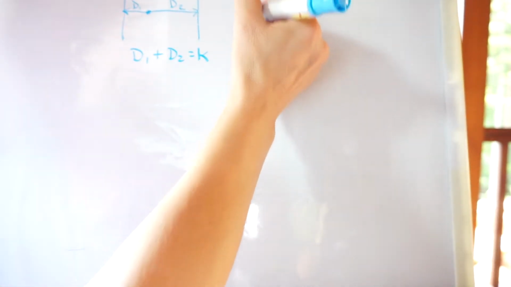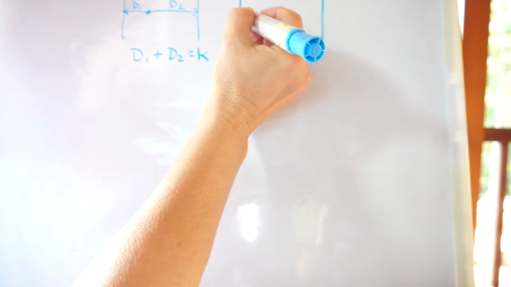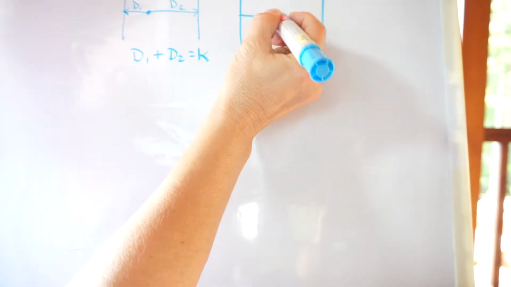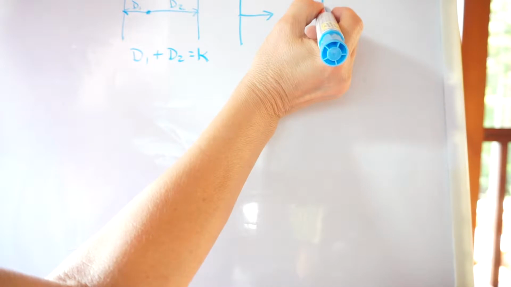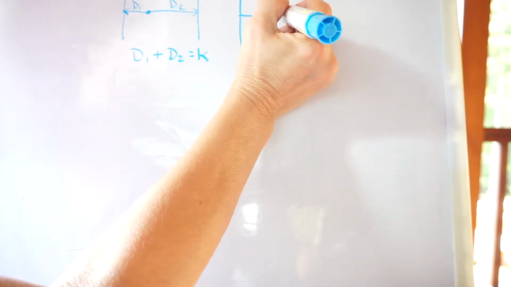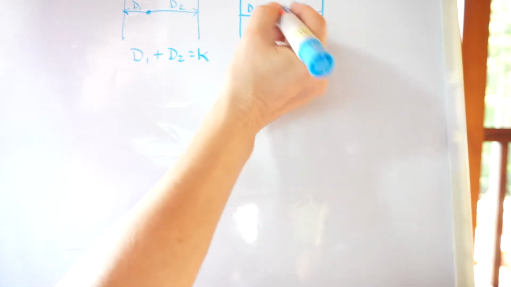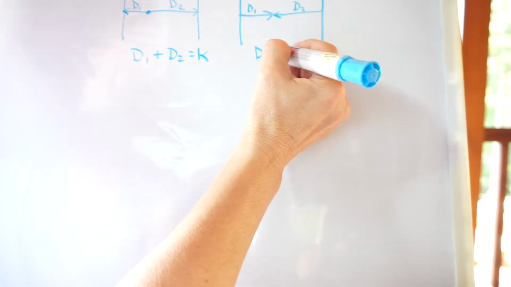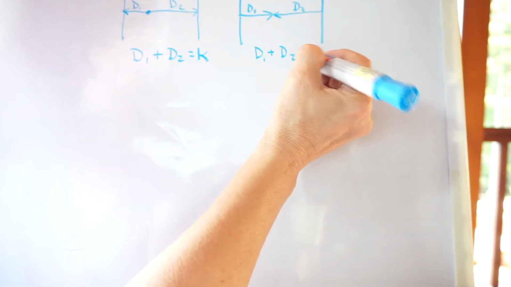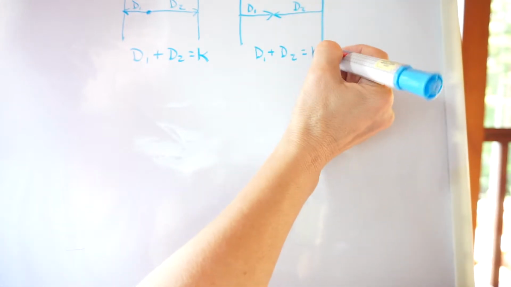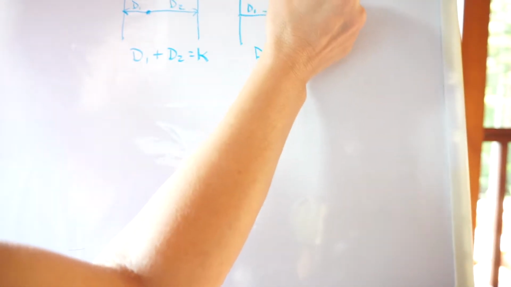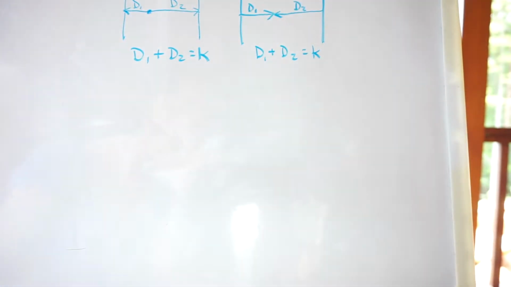It could look like that, or it could look like something like this, where one person starts here, starts traveling in this direction, another person starts here, starts traveling in this direction, but you can see with this as well that distance 1 plus distance 2 is still going to be equal to this total distance that, again, we'll call k.